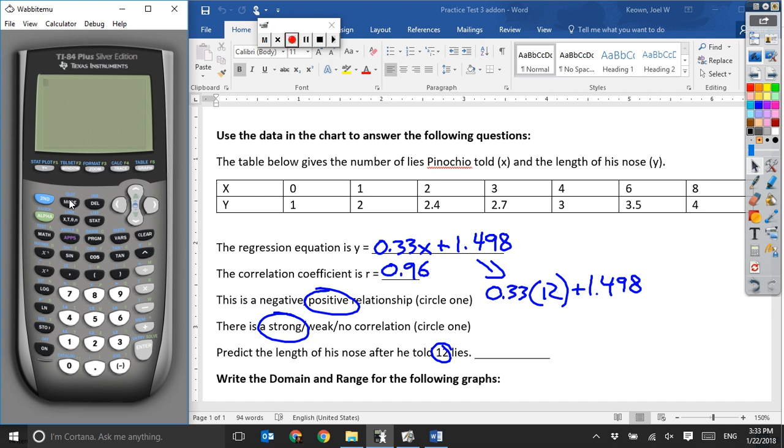And so 0.33, parentheses, 12, close parentheses, plus 1.498. That gives me 5.458. And so that's the regression question.